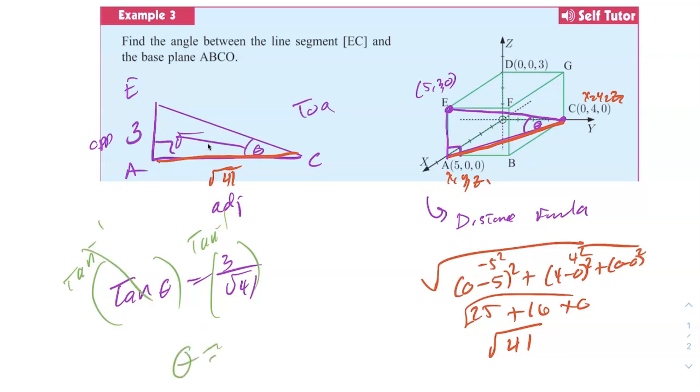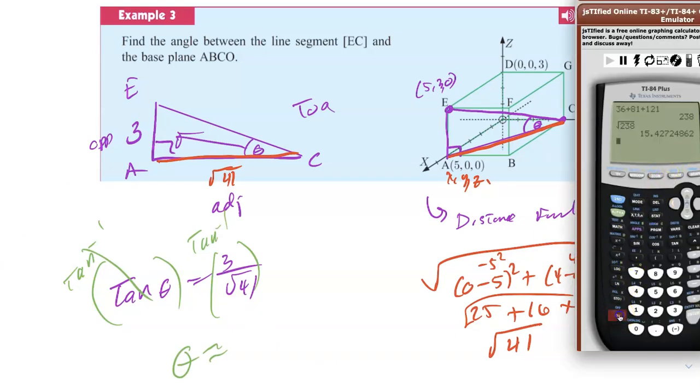And theta would equal, need a calculator for that. So turn this on. Inverse tan of 3 divided by radical 41. 25.1. So there we go.